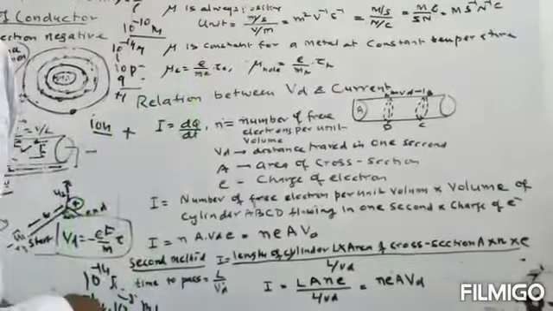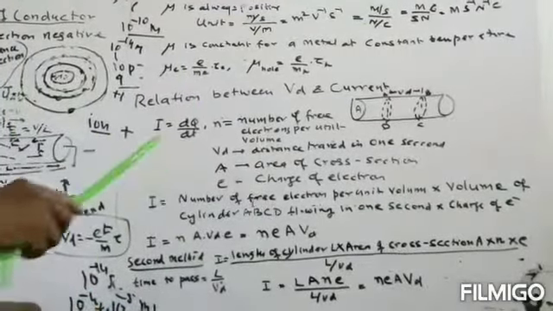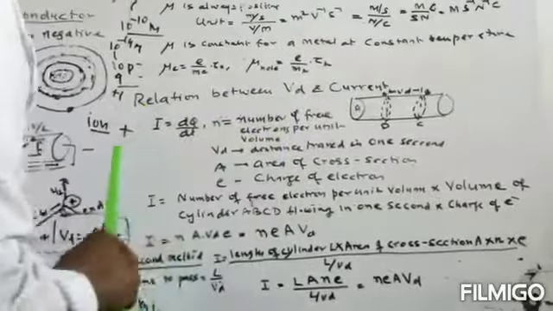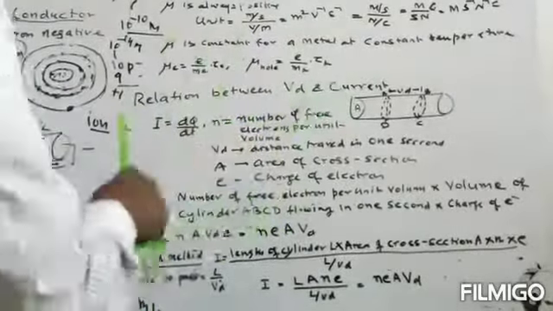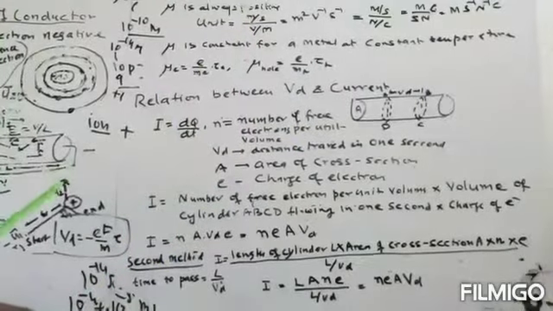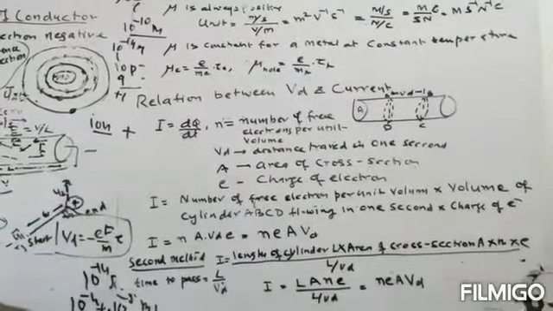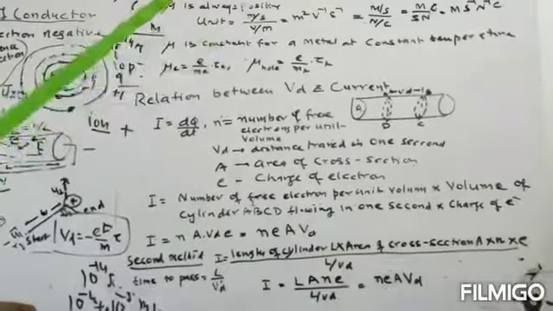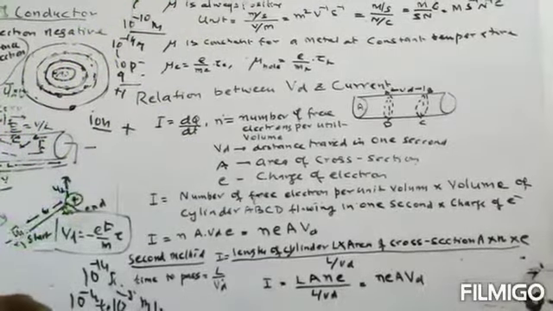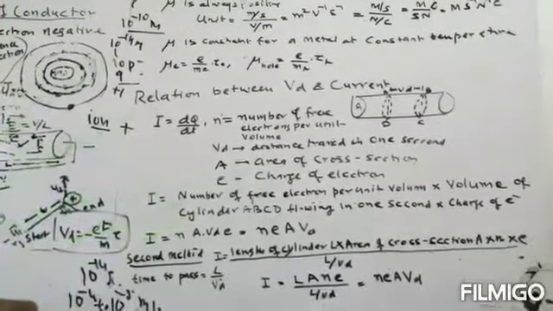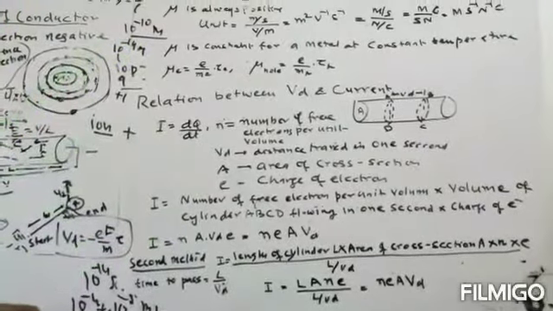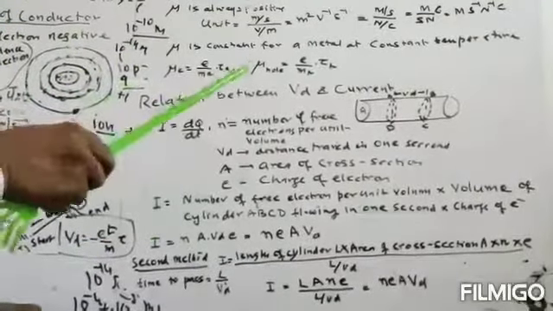Now we will find the relation between drift velocity and the current. Current is due to the flow of charges. When we apply the electric field, the electrons will drift opposite to the electric field. Then we have to find the current.